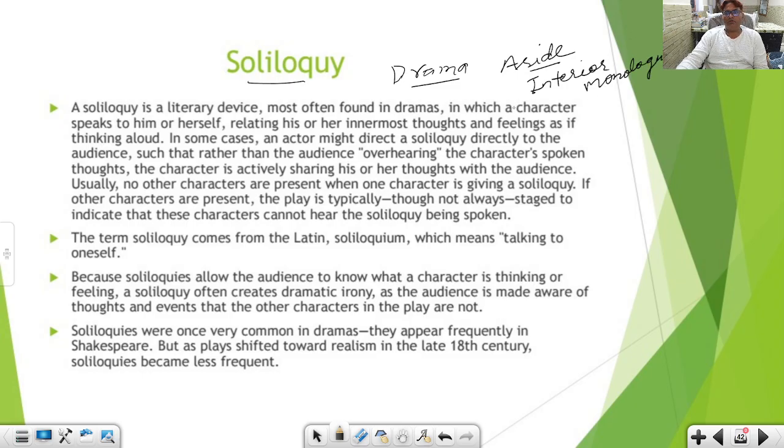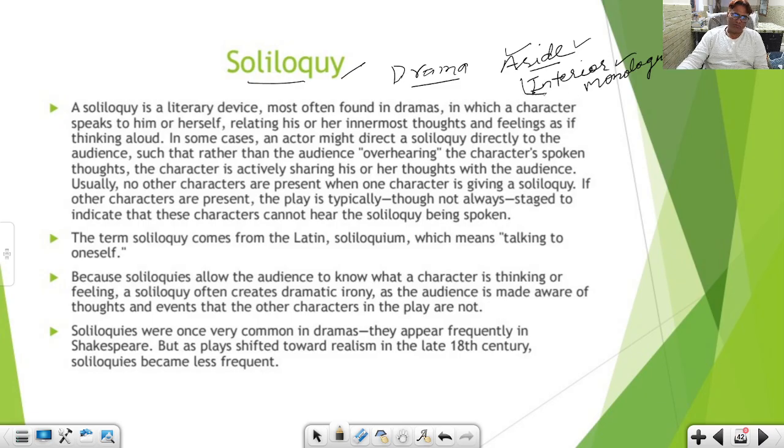So these are other terms which have similarity, and they also look like soliloquy. So sometimes they are very confusing on our part, but here I will try my level best to clear all the potential confusions, so that you will be clear with these three terms, that is soliloquy, aside, and interior monologue.